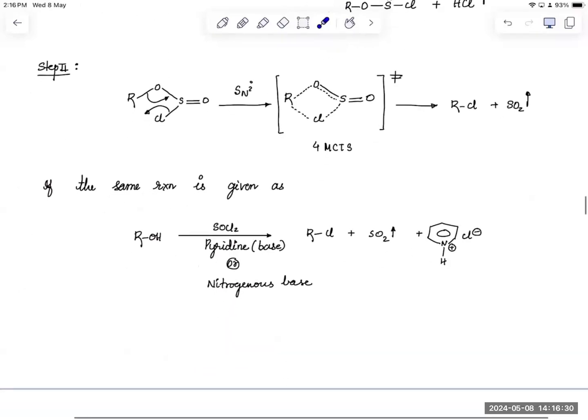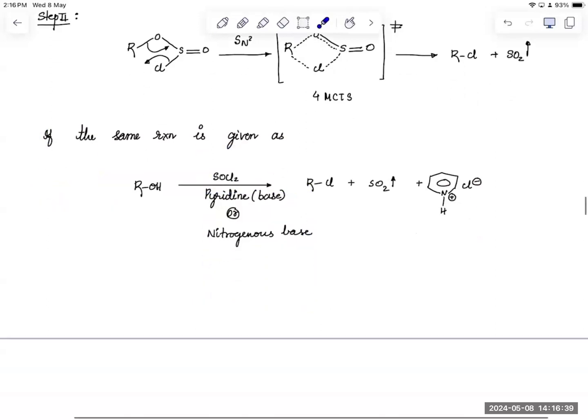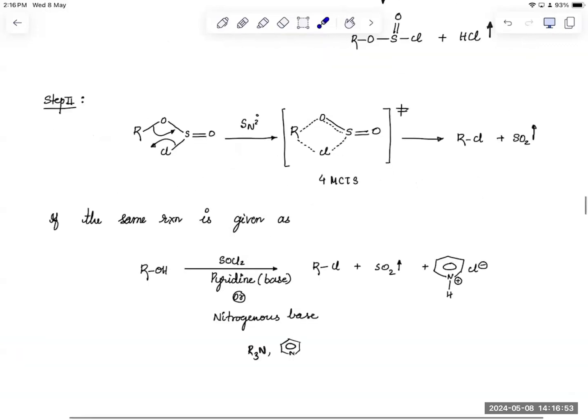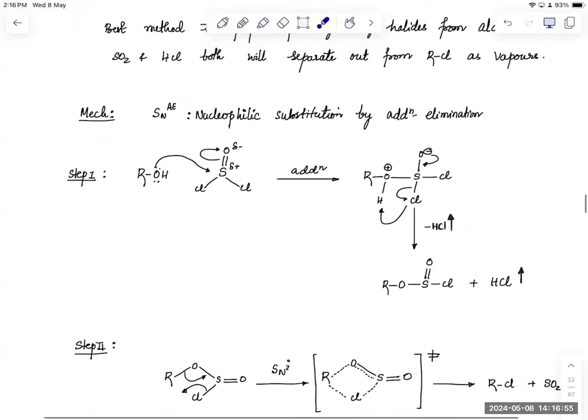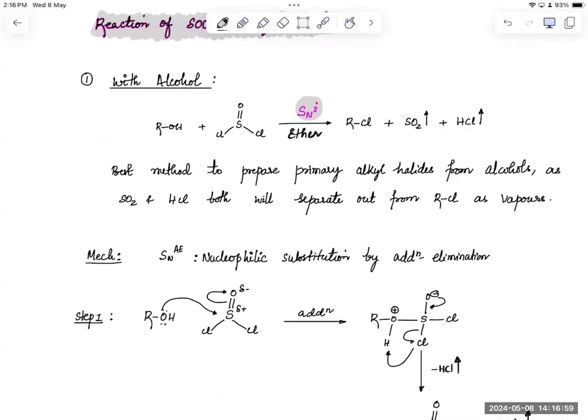Now, if the reaction is given this way, where SOCl2 is present in the presence of a nitrogenous base, something like R3N, tertiary amines, or pyridine, or any of the nitrogen based bases. If that is the substance you are taking as a solvent, see here in this case, I'm taking ether as the solvent.